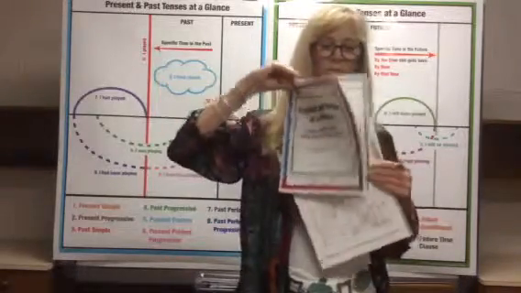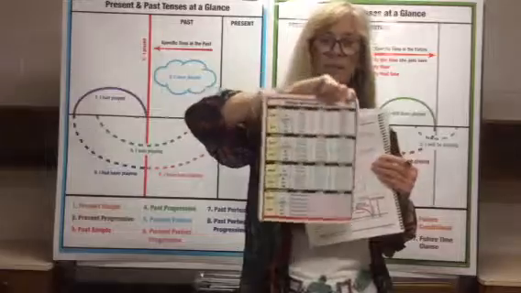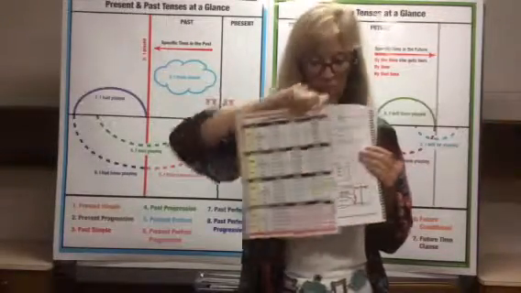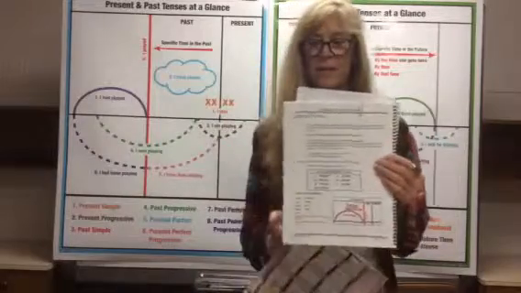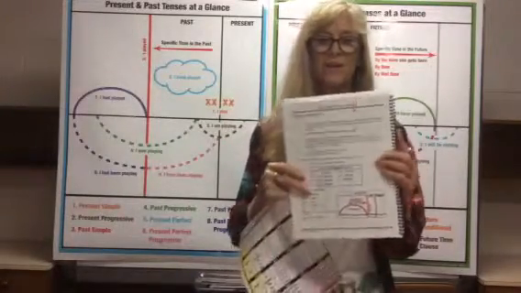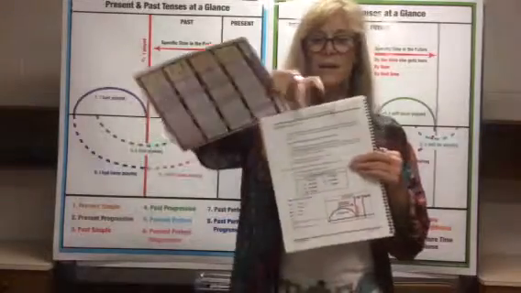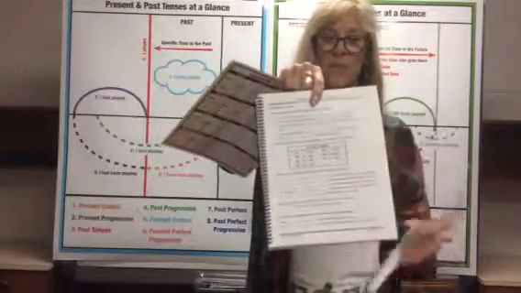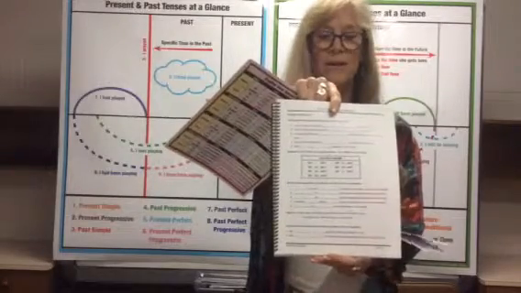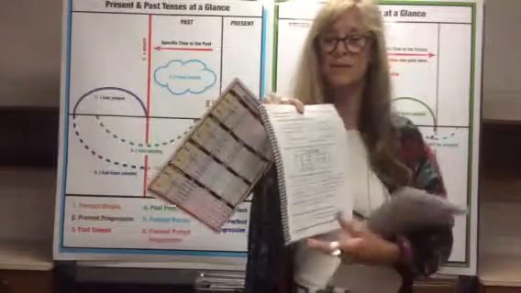They also have all 12 tenses color coordinated with the exercises in the book. Each tense has a set of exercises that is color coordinated with it. And then in the back there's a workbook in the colors of the tenses also.